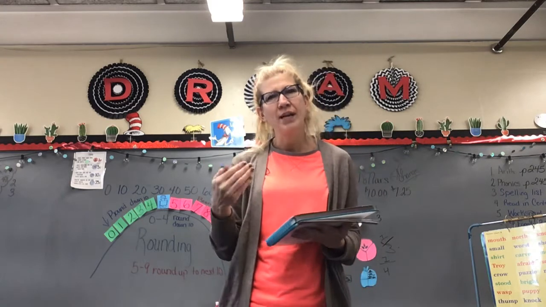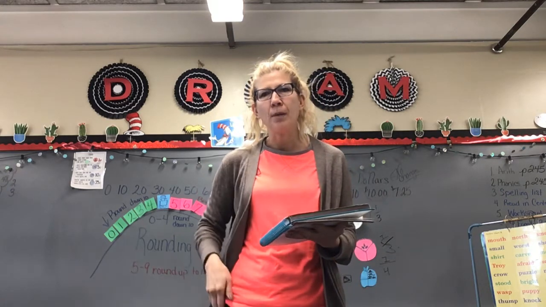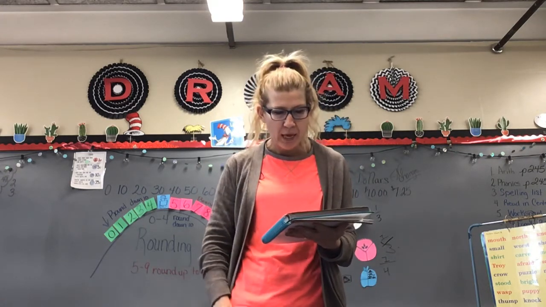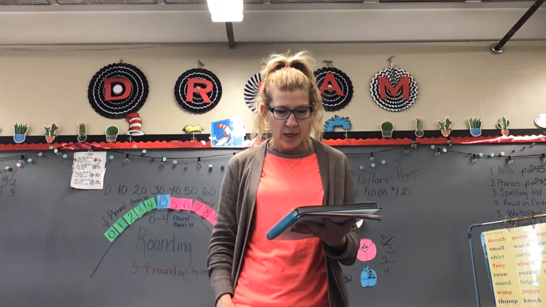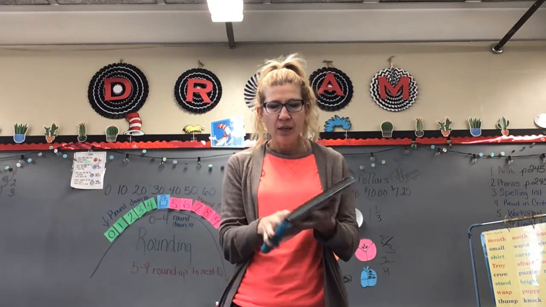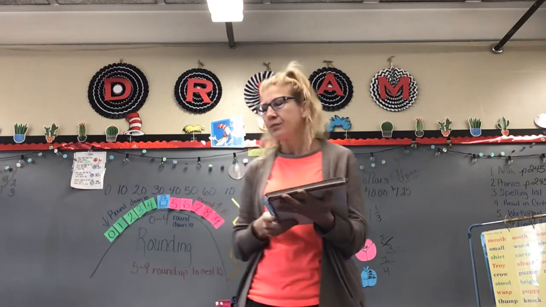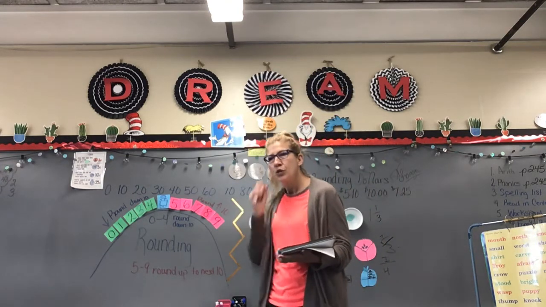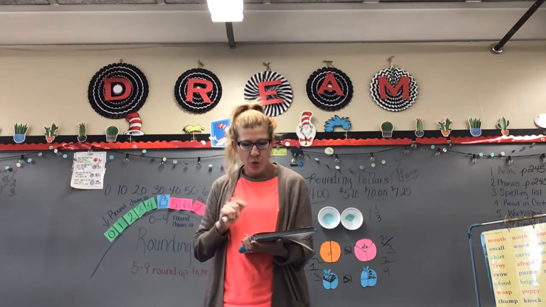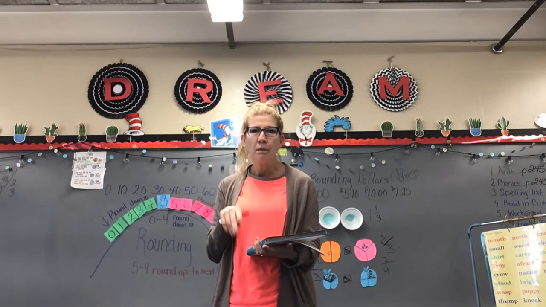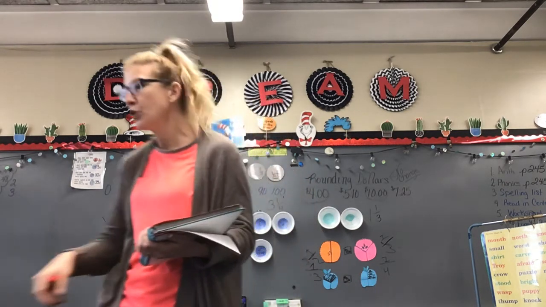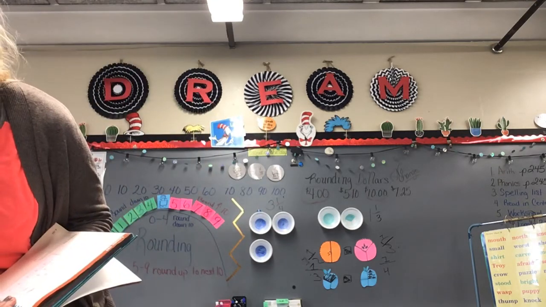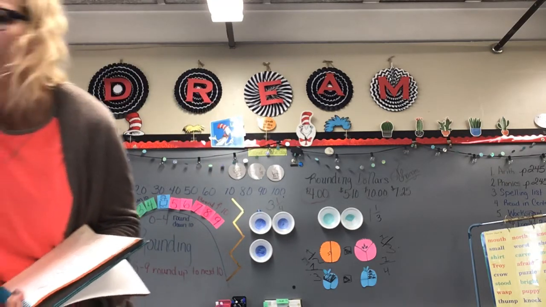The other 3 you can do on your own. If you need help, go ahead and FaceTime me, or you can Marco Polo me and I'll help you with that. The next thing that I want to look at is number 4. Now they're asking for you to be able to use 3 digits to make a multiplication problem. And this is new for you, so let me just go ahead and show it to you.